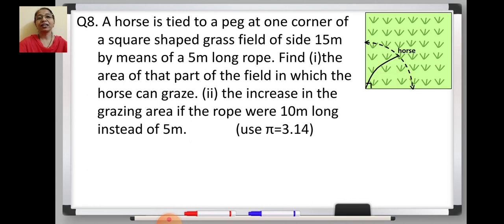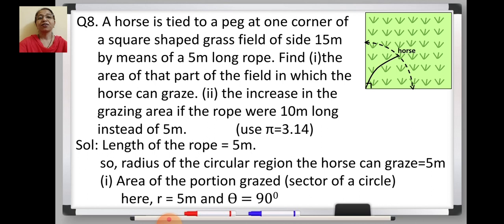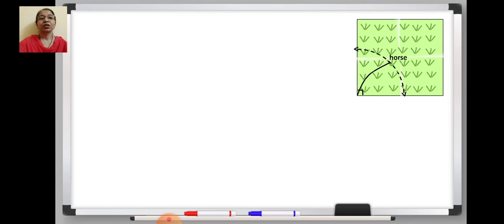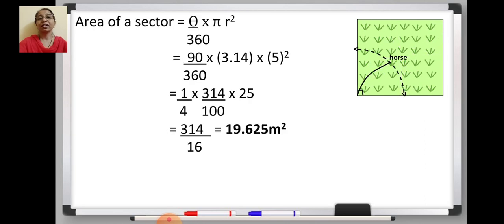So we will find the area of the sector of this circle. For that, the radius is 5 meter, the length of the rope is the radius, and theta is 90 degree. So therefore the area of the portion grazed is equal to, apply the formula. What is the formula for area of a sector?